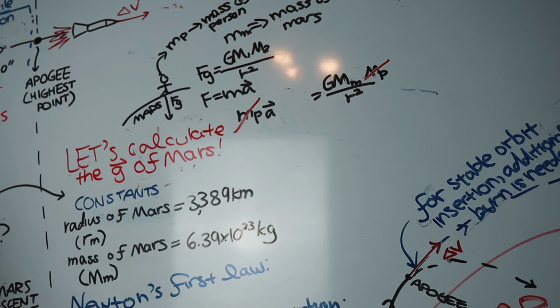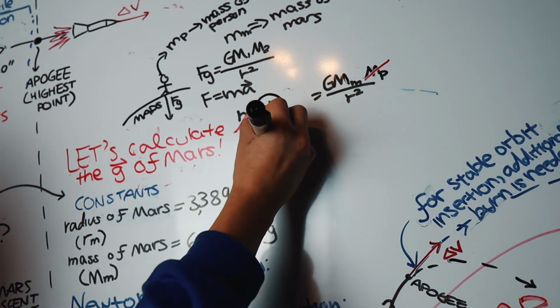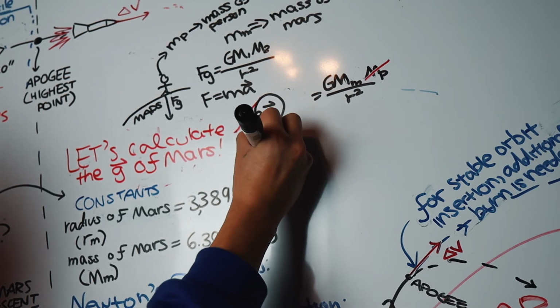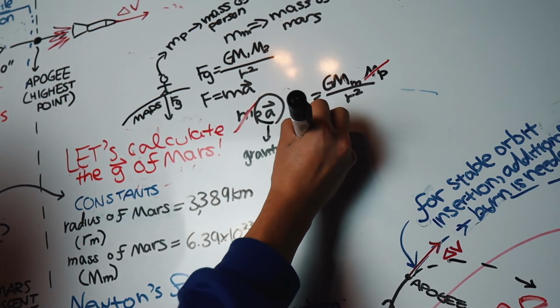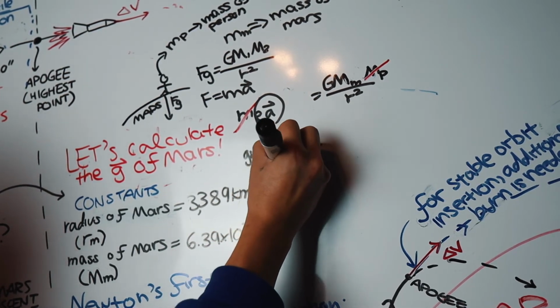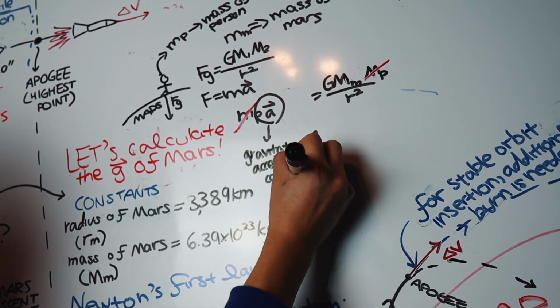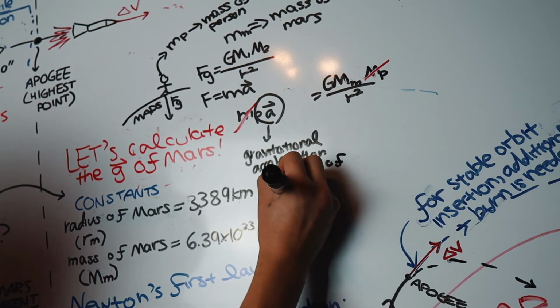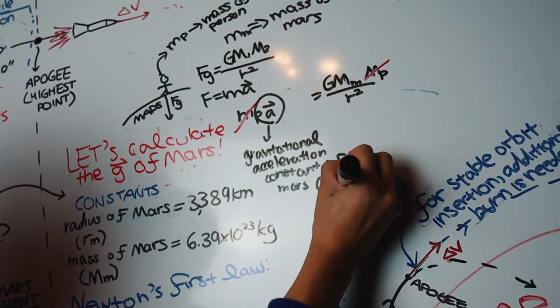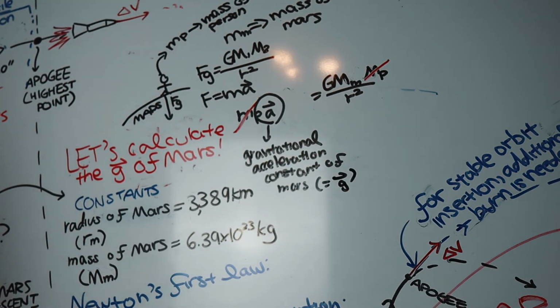So now we're going to calculate the value of a, being the gravitational acceleration constant of Mars, g. We're going to derive the value by just saying, because it's surface gravity, F equals ma applies.